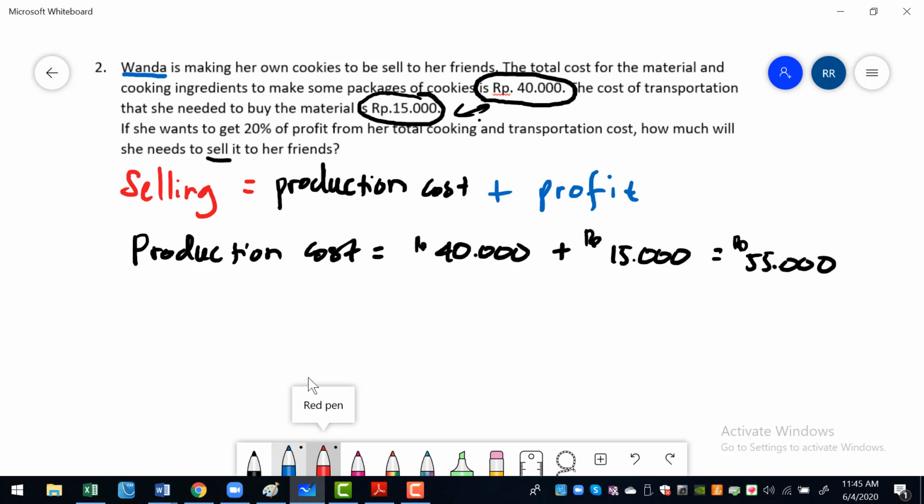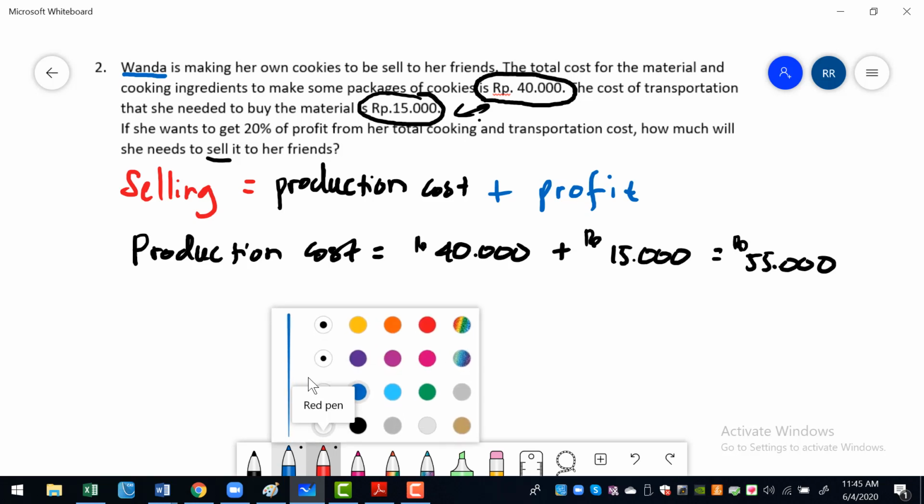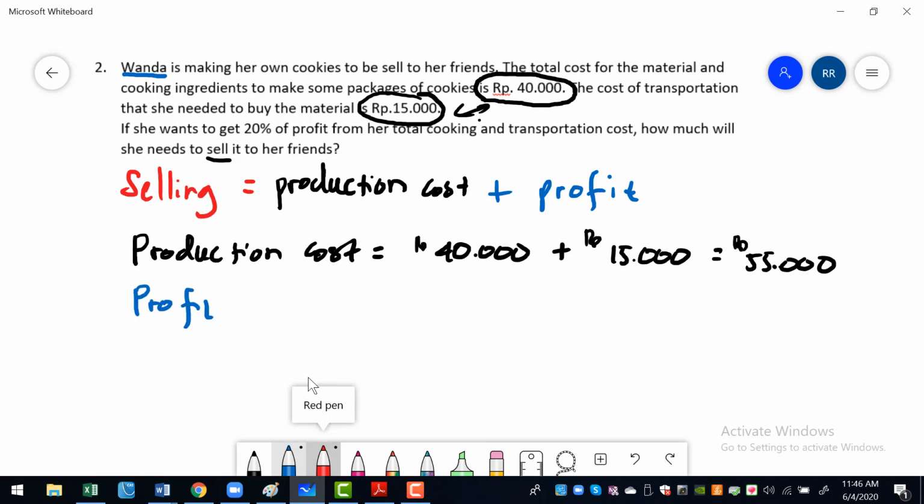Okay, so in order to have the selling price, we need the production cost, which we have already calculated, which is 55,000 rupiah, and the profit. Now we are going to calculate the profit that she wanted to make.